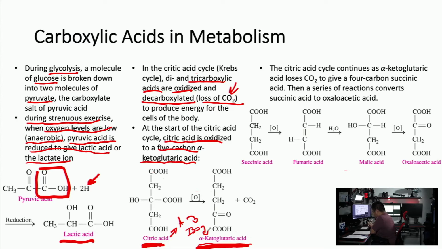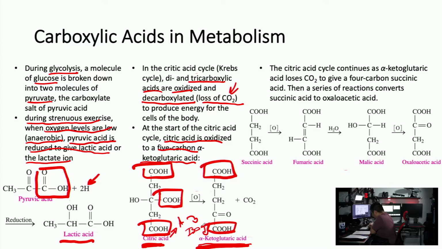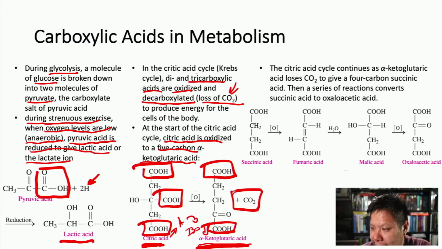So there are many steps in between, but the point is we have 3 carboxylic acids here, and we have 2 carboxylic acids here. And when it gets oxidized, you release the CO2, which is the CO2 that you breathe out, right?